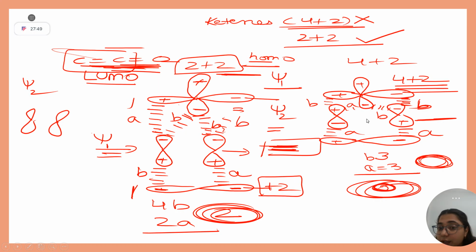In photochemical condition psi 2 will be the HOMO, and in that case also you will get zero net bonding interactions. So that's why 2+2 cycloaddition always takes place between ketene and your olefin, and that too in thermal condition. Understood?